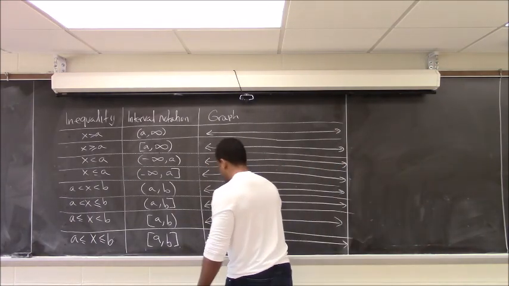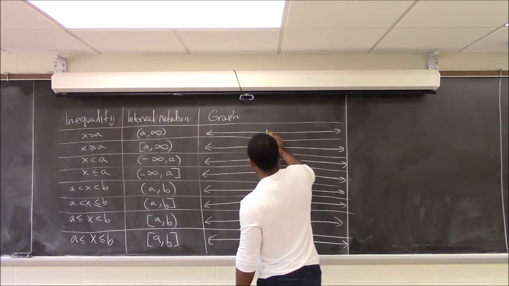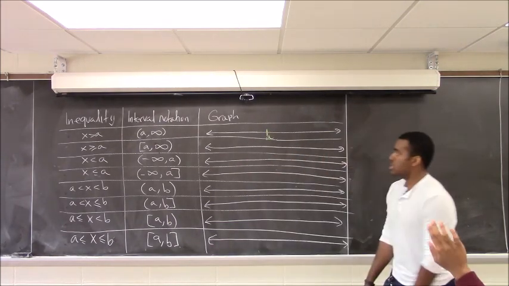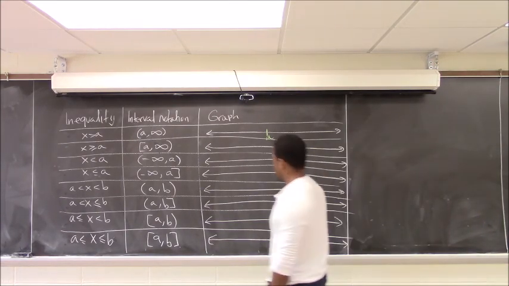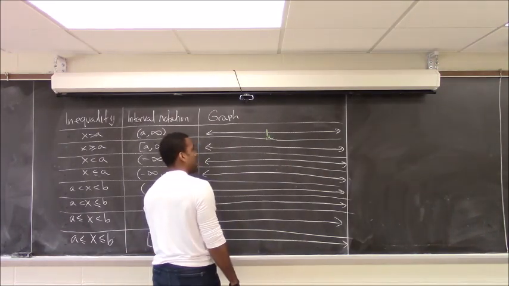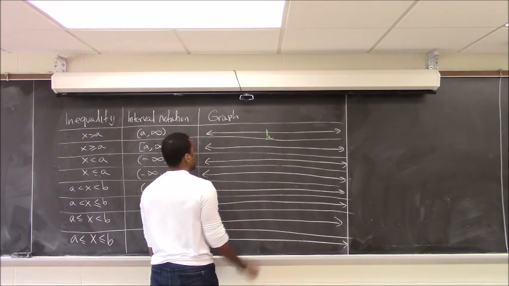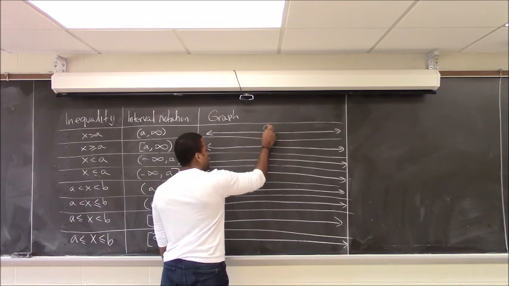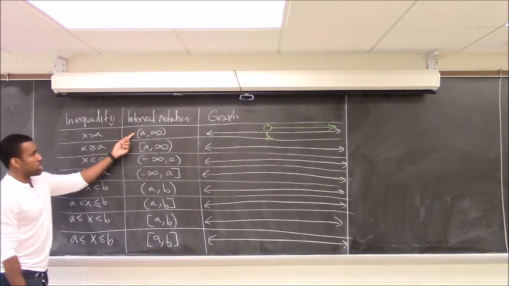So what would the top one look like? So let's say I pick a to be at this point. This is a. Yeah? The arrow goes to the right forever. Yeah, what about at a? Sorry? Oh, you put an open circle at that point. So there's an open circle here, and the arrow goes like that. That would be someone sketching this.